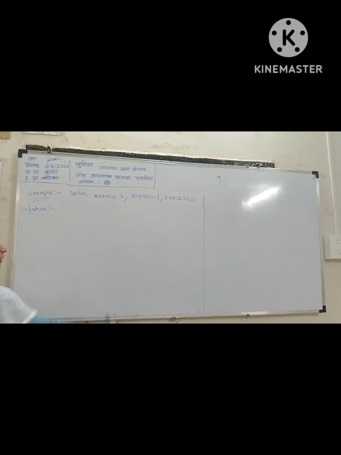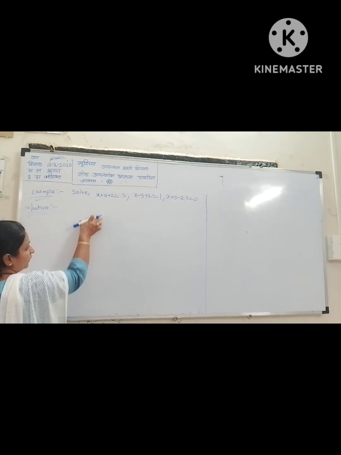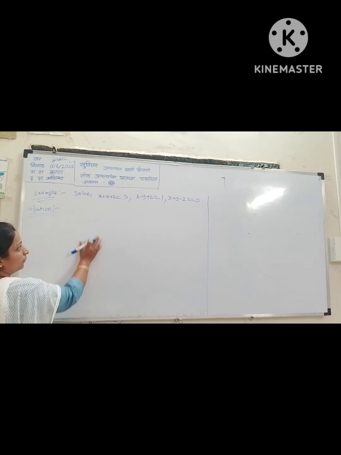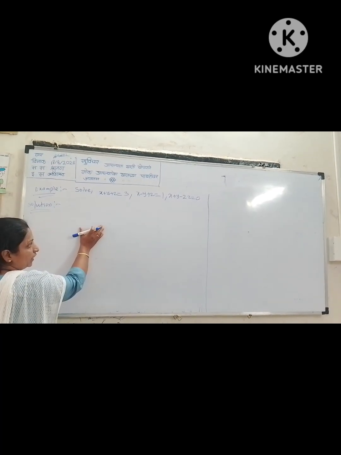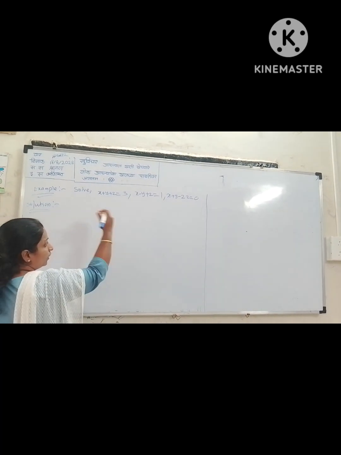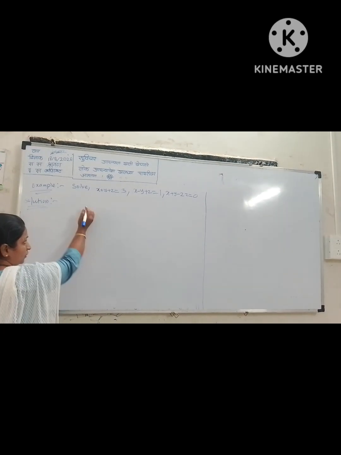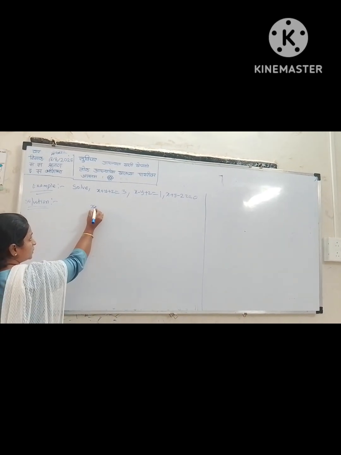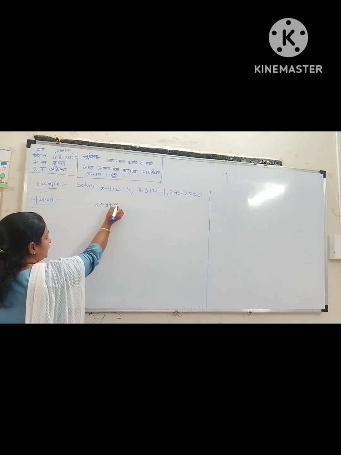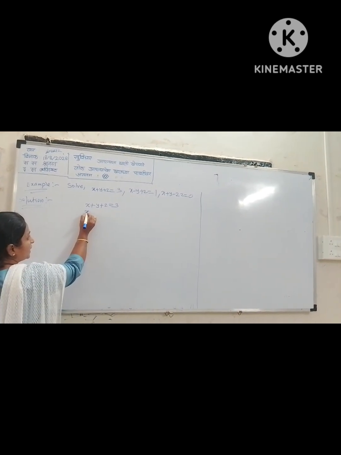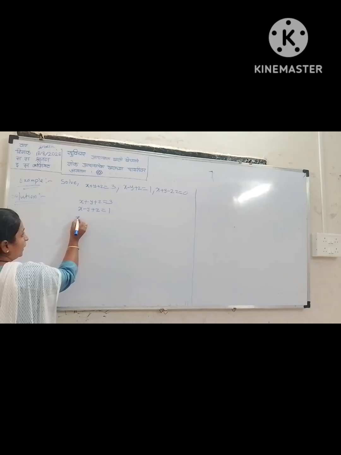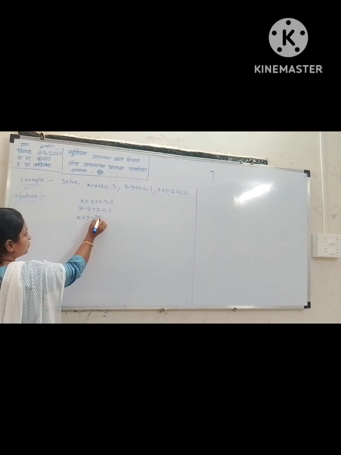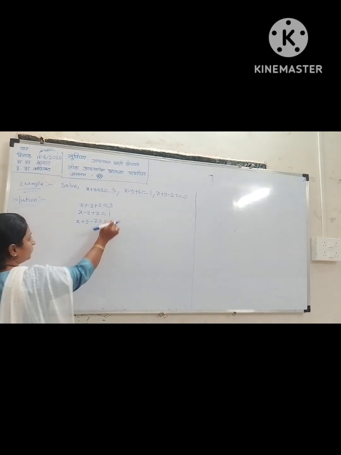First we write the equations properly, with all the variables on the left hand side and the constants on the right hand side. The given equations are x plus y plus z is equal to 3, x minus y plus z is equal to 1, and x plus y minus 2z is equal to 0.